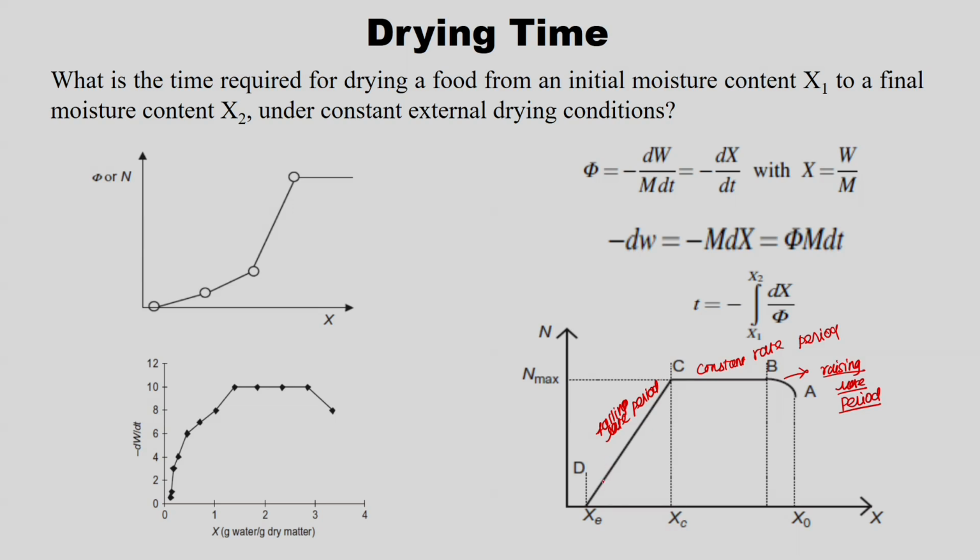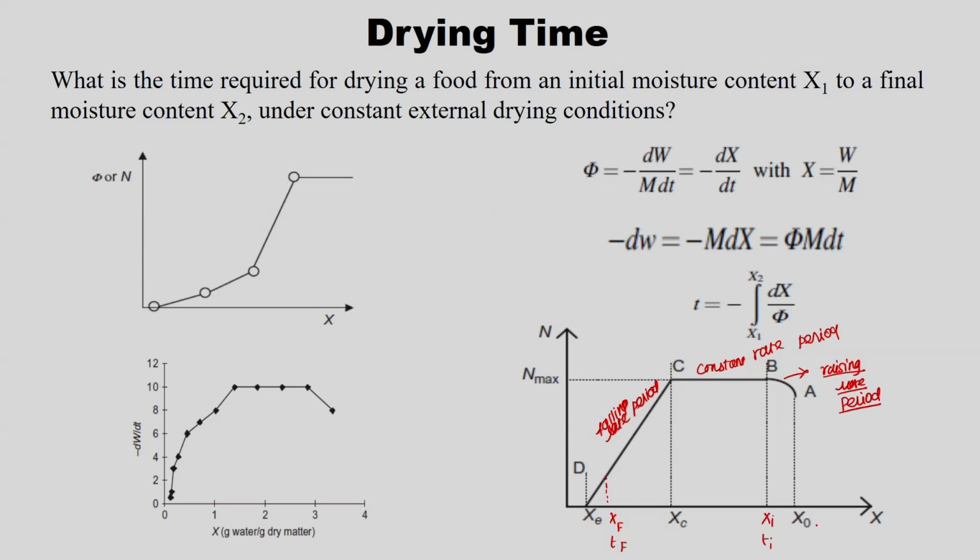Normally our initial moisture content is Xi, and the final moisture content will be Xf, because the equilibrium moisture content is one below which I cannot even remove the water. So, my final moisture content lies somewhere here. This I will take as Tf, the drying time. This is the initial starting point, Ti equal to 0. So, this is the drying curve.